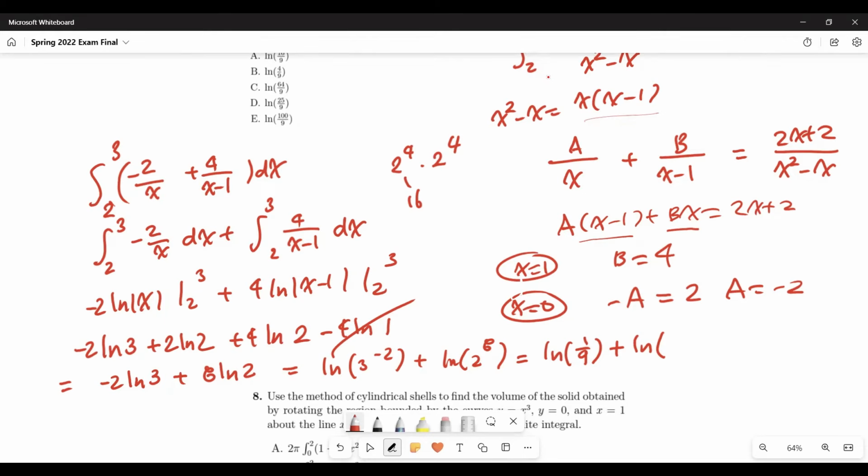Oh wait, hold on, am I doing this right? Is it supposed to be 2 to the 8?